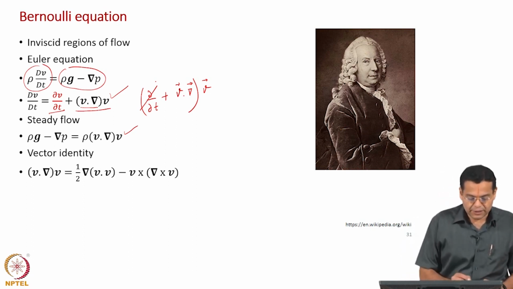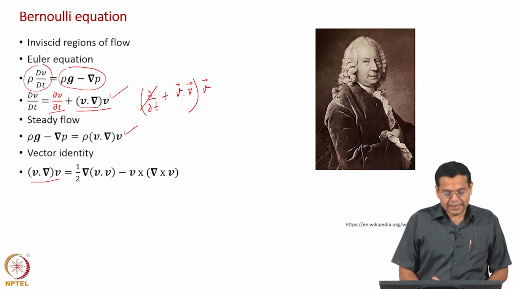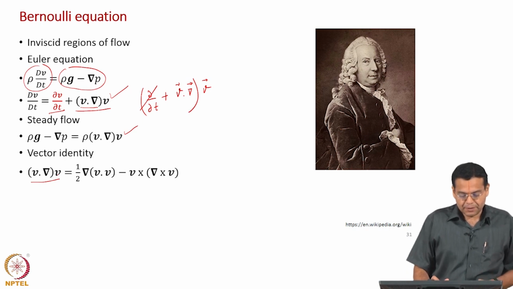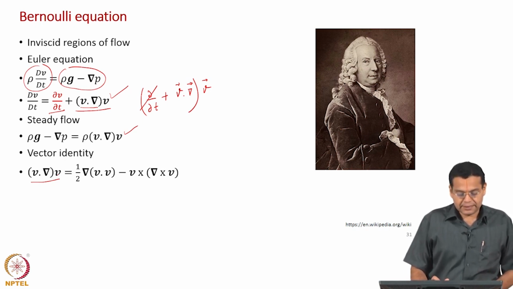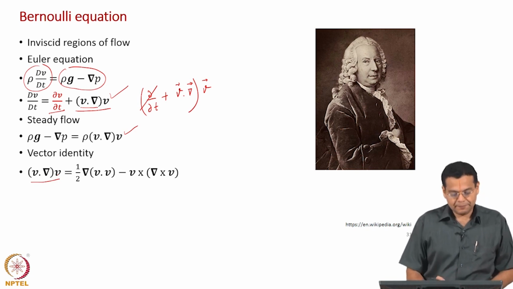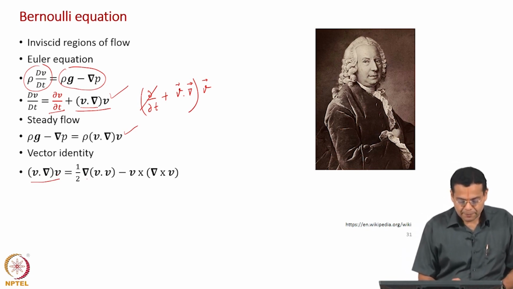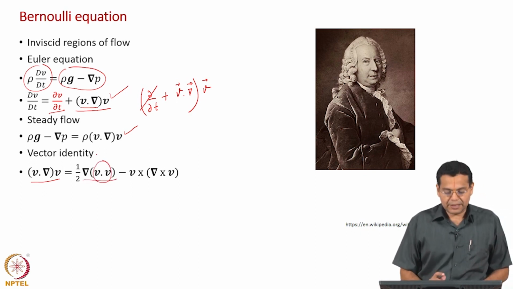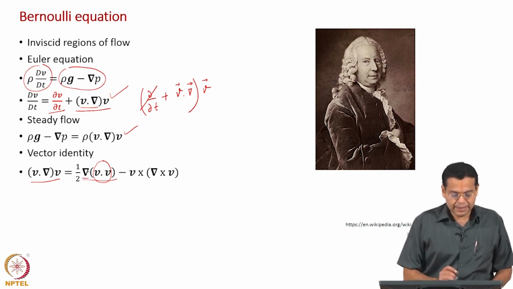What does it tell you? The left hand side we have v dot gradient operating on velocity, and v dot gradient is the scalar operator operating on a vector. So, left hand side is a vector. Right hand side we have gradient of v dot v. V dot v is a scalar, is the magnitude of v squared, and gradient of a scalar will give a vector.